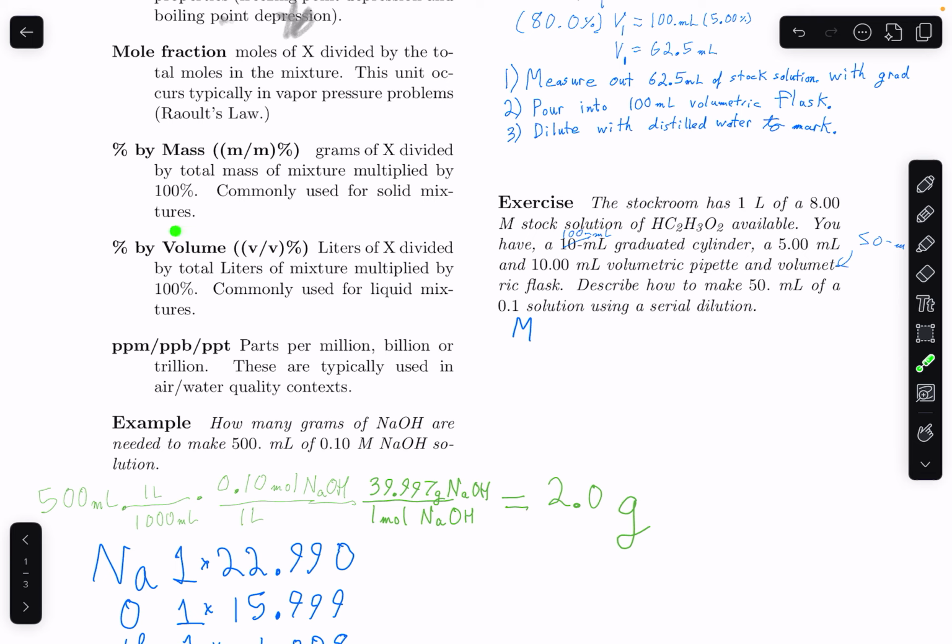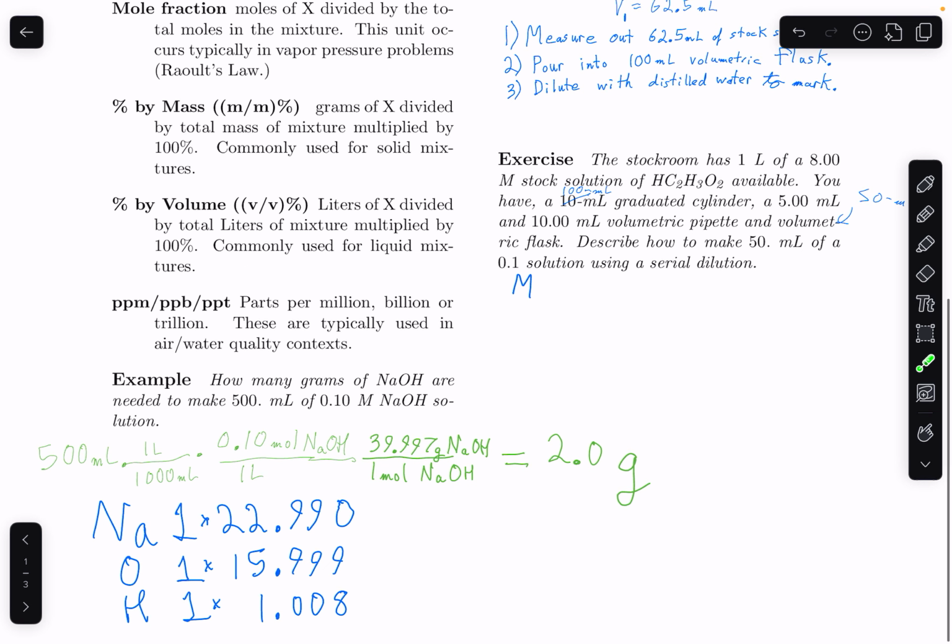And then percent by volume is a similar idea, but it's by volume. So if it's 80%, 80 mL out of 100 is this pure substance. And then you've got ppm, parts per million, ppb, parts per billion, ppt, parts per trillion.